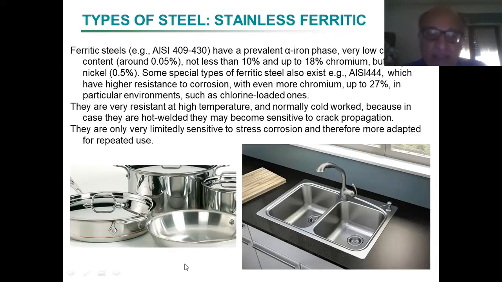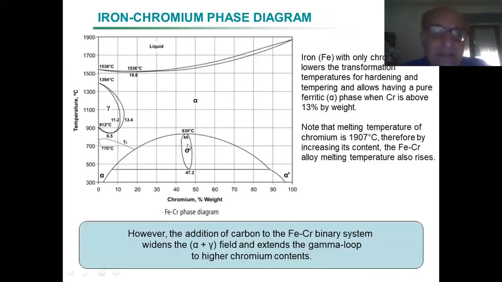In other situations, as I was saying, we need to concentrate on the fact that chromium and nickel matter. Here in stainless ferritic, there is little nickel normally. In austenitic, there is a substantial amount of nickel, as we will see. So we need to make sense of what happens when chromium is introduced in iron.